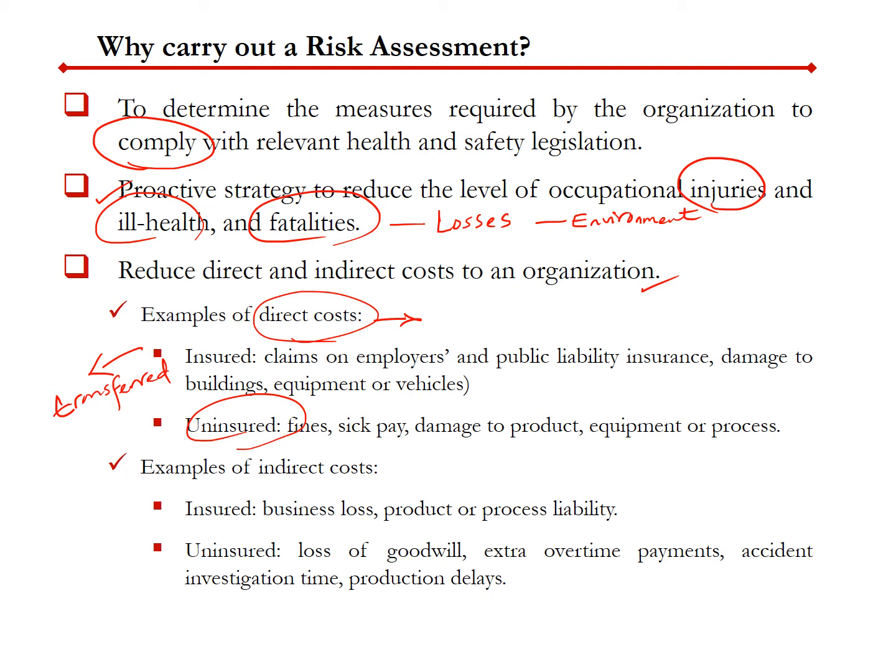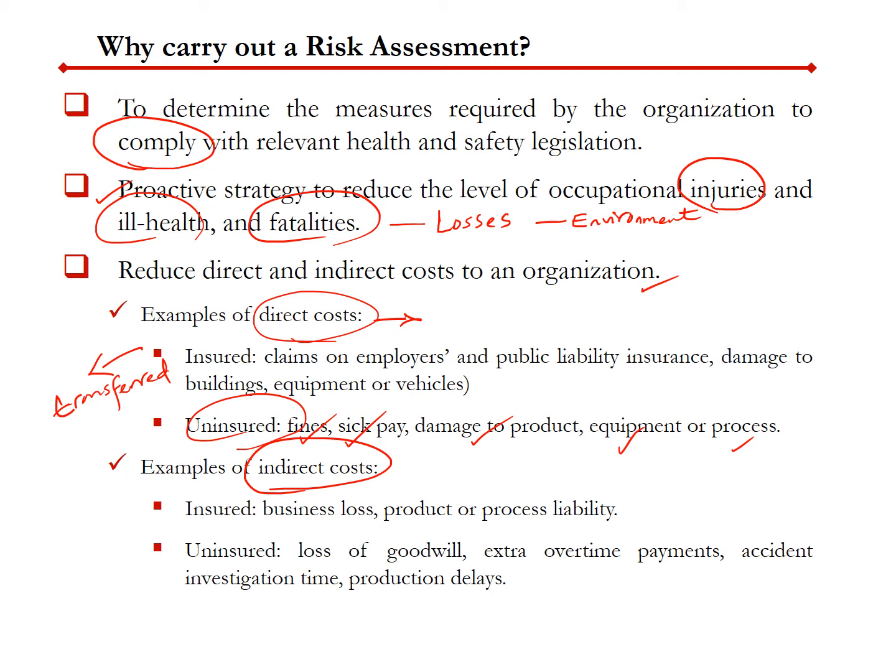As for the other ones, which are uninsured, like fines from the government, sick pay, damage to products, that's what you produce, equipment or process, some of them may be uninsured. In this case, you have to cover the costs yourself. The other could be indirect costs, because they are not directly measured.